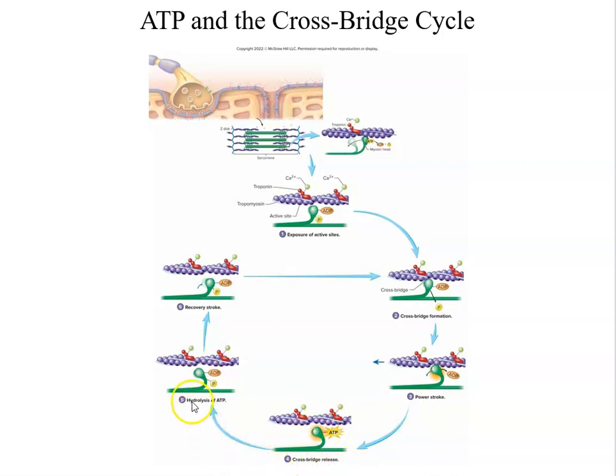Then we have hydrolysis of that ATP. Myosin is breaking it down into ADP and that free phosphate. So now it's charged up. It hasn't used that energy, but it's there. And then it will reorient itself so it's able to grab onto another actin of the same thin filament and perform that same action over again.